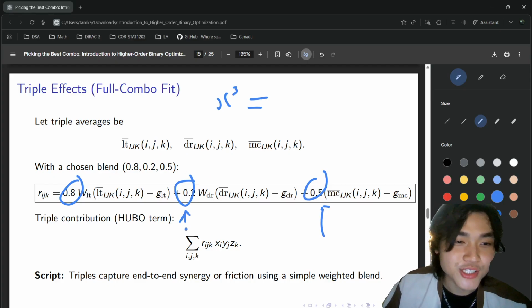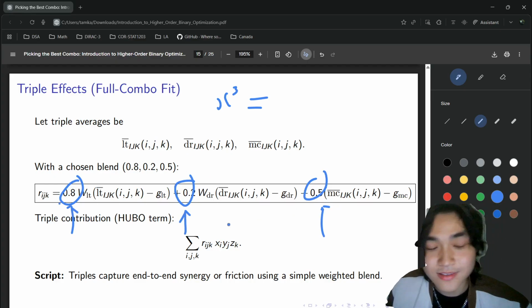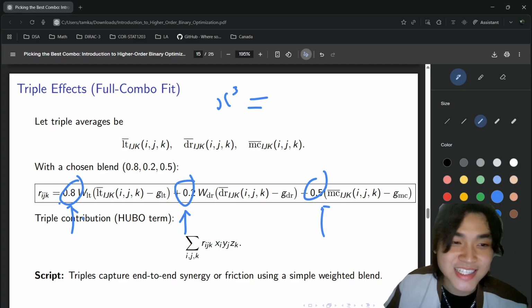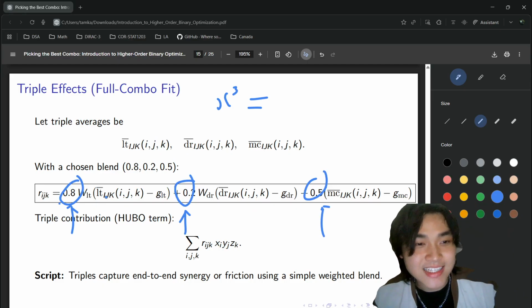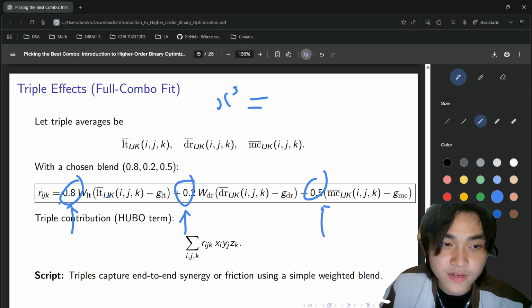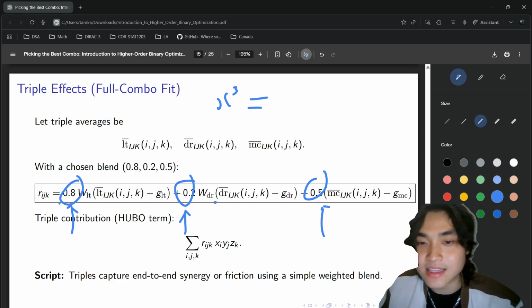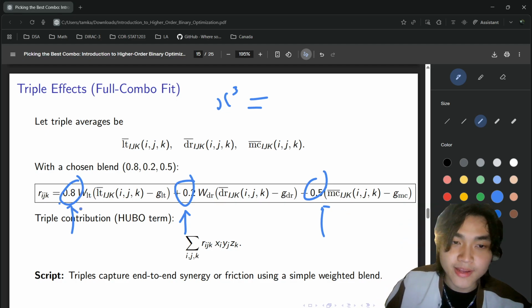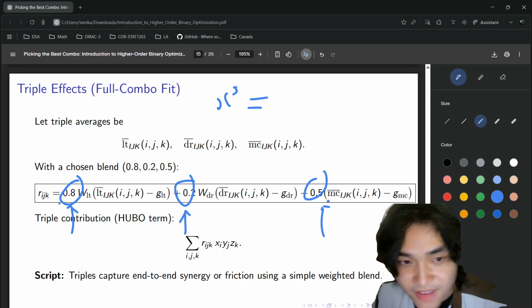So again, the question that comes back again is how do we decide on the weights? In this case, our weight for the lead time is much higher than the rest: 0.8 versus 0.2 versus 0.5.